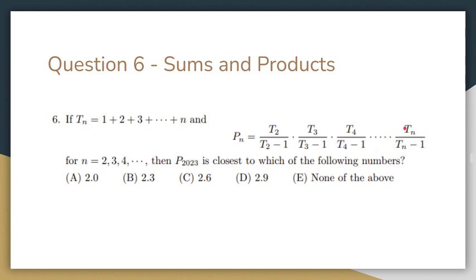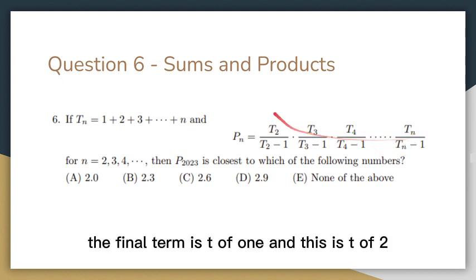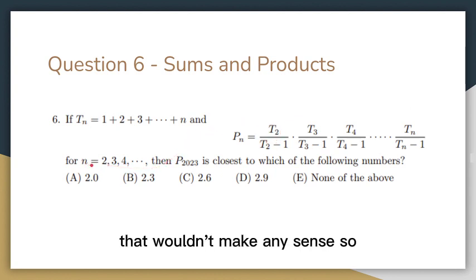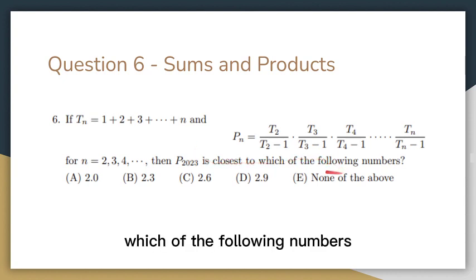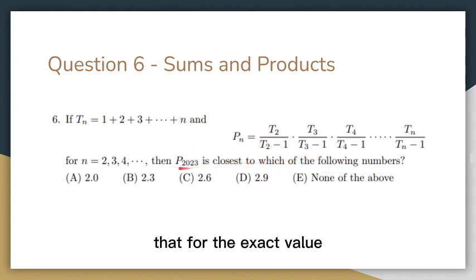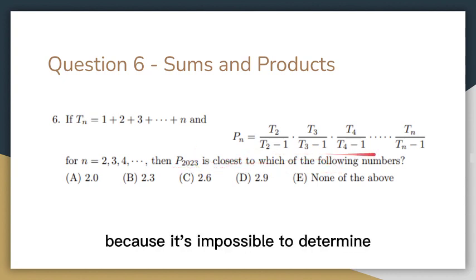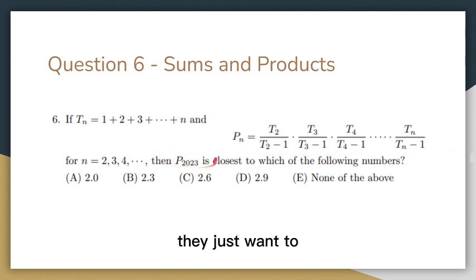If the final term is t of 1 and this is t of 2, that wouldn't make any sense. And then they're asking you, what P of 2023 is closest to among the following numbers? They don't even ask for the exact value, because it's impossible to determine. They just want the approximate value.